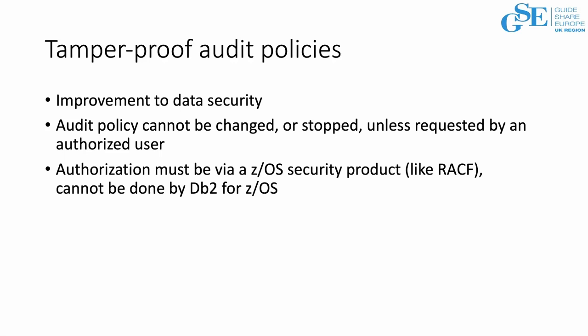So a z/OS system administrator must perform a special task in the external security product like RACF to permit the Db2 user to update, delete, or stop a tamper-proof audit profile. This new audit capability prevents users with advanced Db2 privileges from unnecessarily modifying or stopping that audit profile policy, minimizing the loss of that audit information.